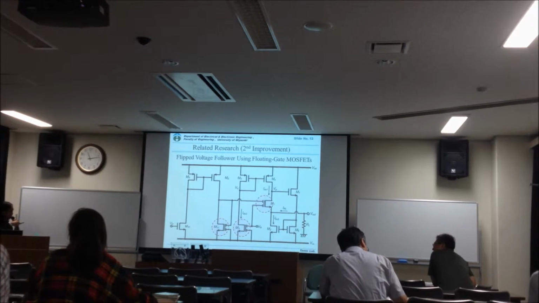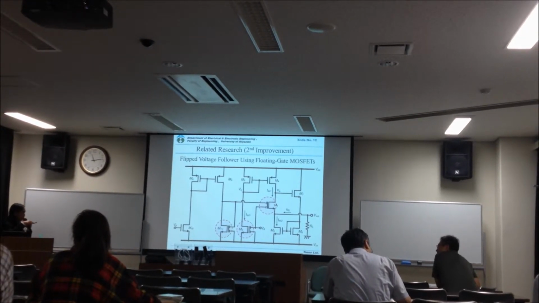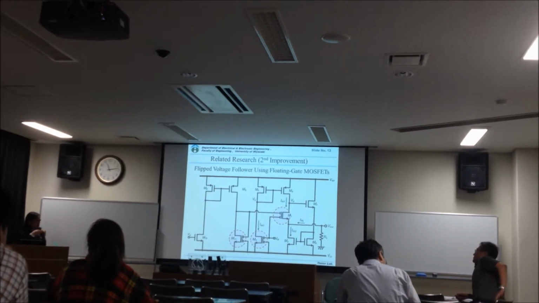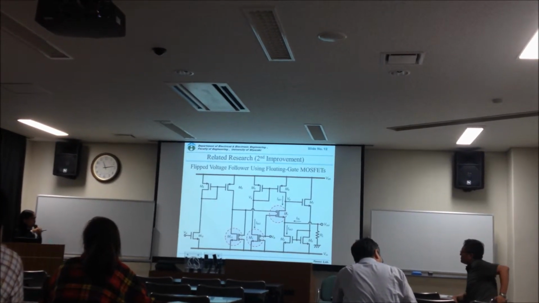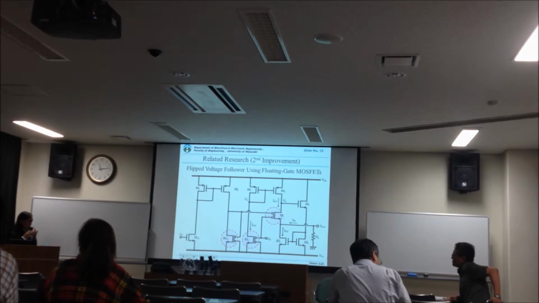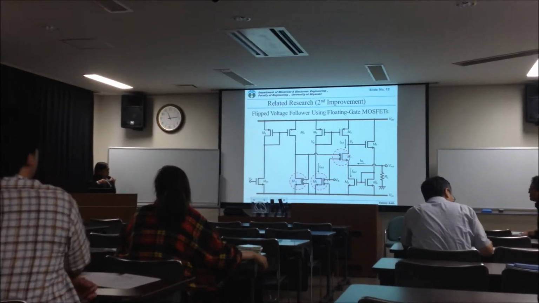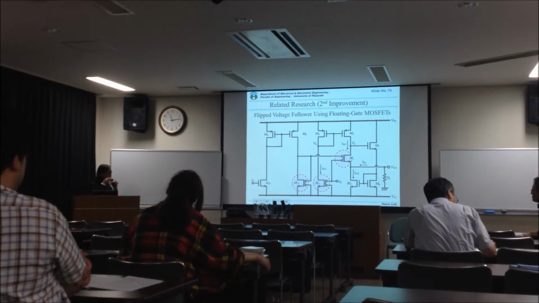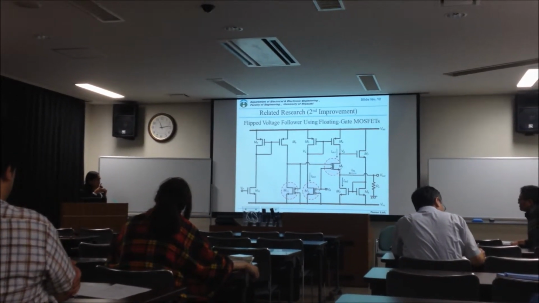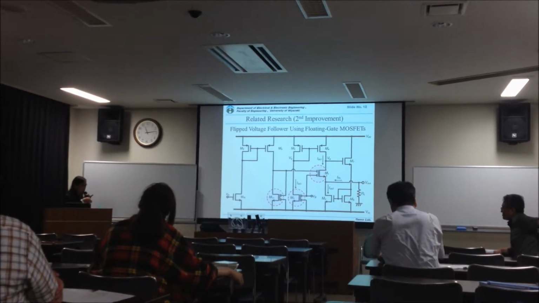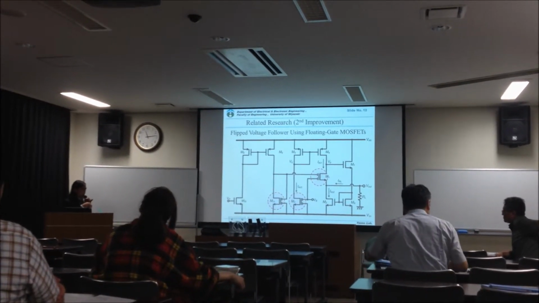So actually the fabrication cost of this circuit and my circuit is just the same. But this circuit occupies a larger chip area. So if we use this circuit, the area of the chip will be larger, and we cannot implant another circuit.